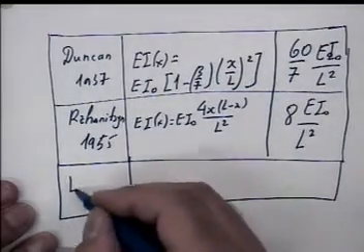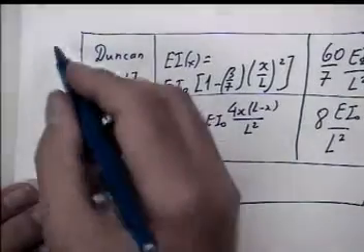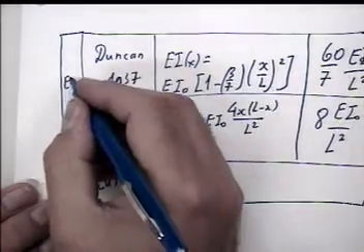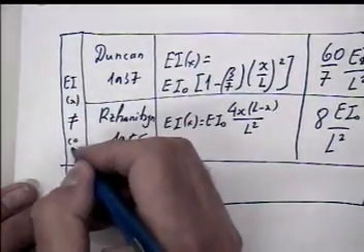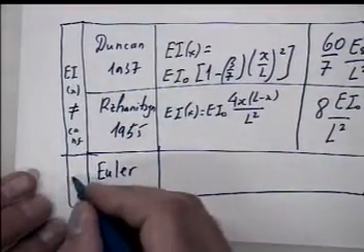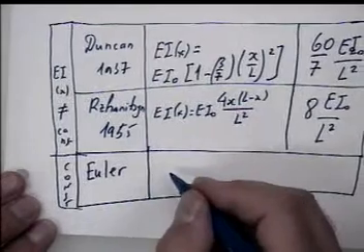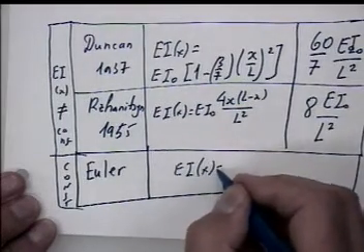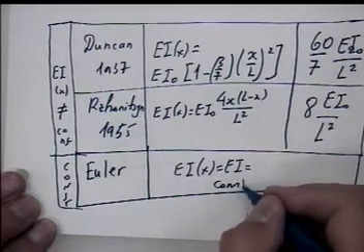Whereas Euler, so here we can add additional: EI(x) is not constant. And here it's constant. Euler actually has EI(x) equals EI and is constant.